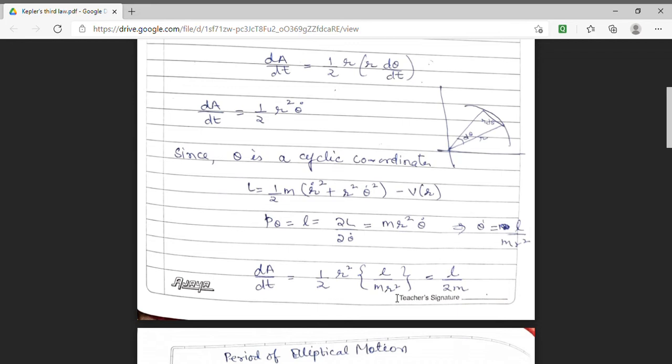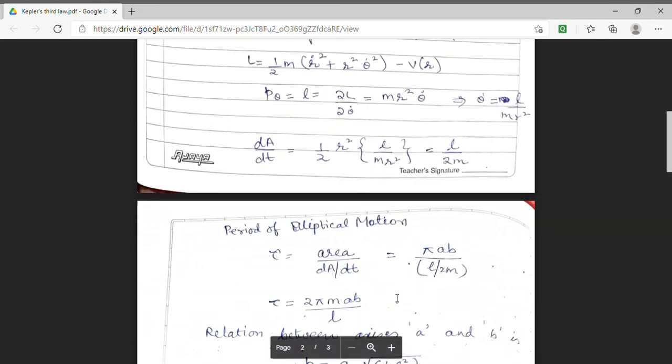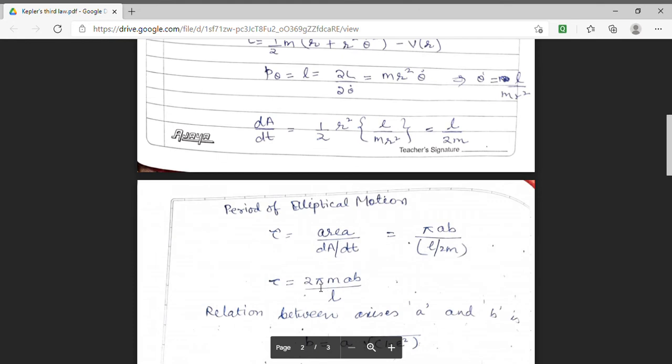Now, knowing the value of dA upon dt, I am going to find the period of elliptical motion. The time period is defined as tau, which is area divided by dA by dt, and area is pi A B, dA by dt is l by 2m. So solving this, I get the time period of elliptical motion as 2 pi m A B divided by l.